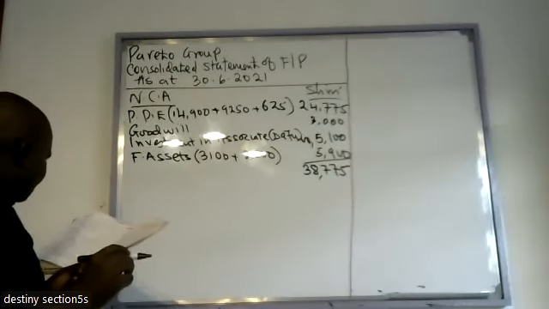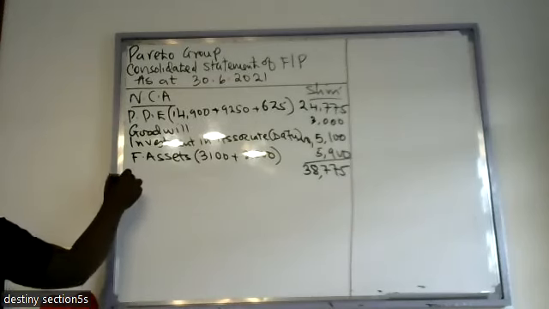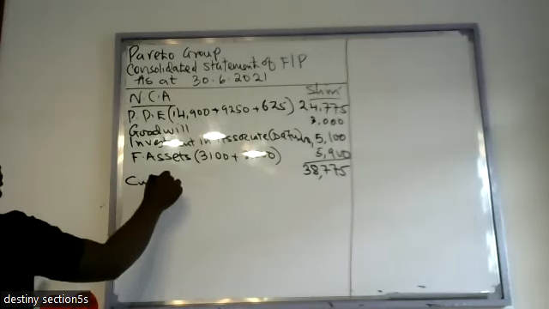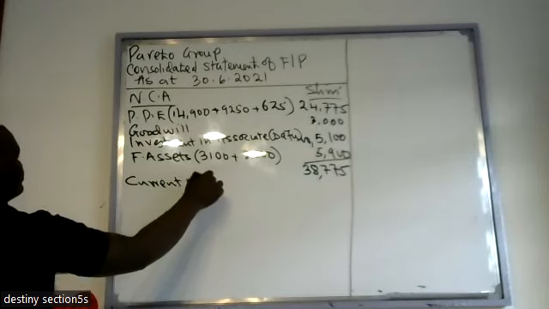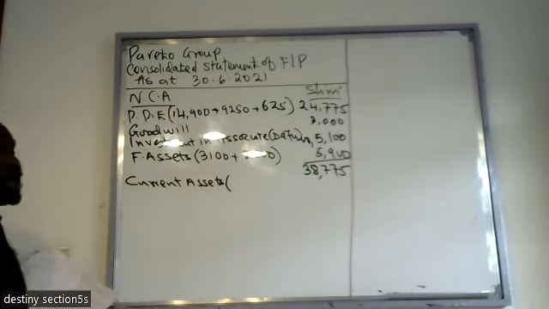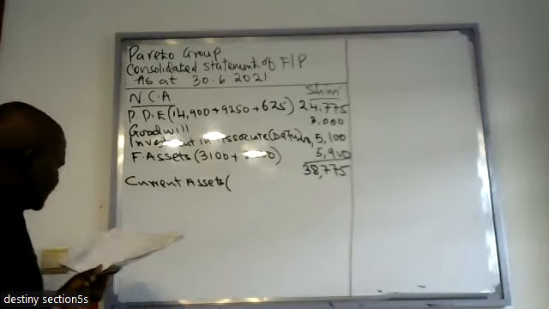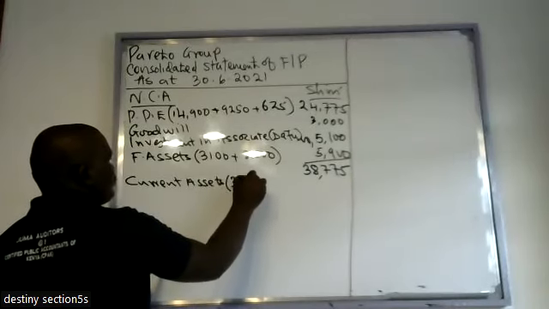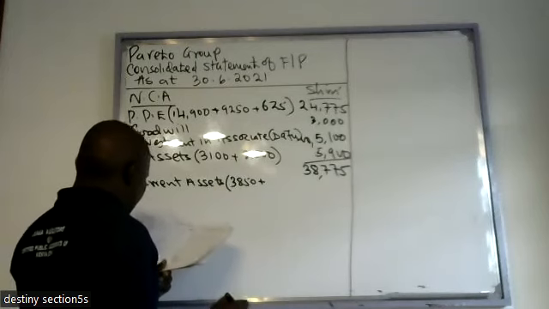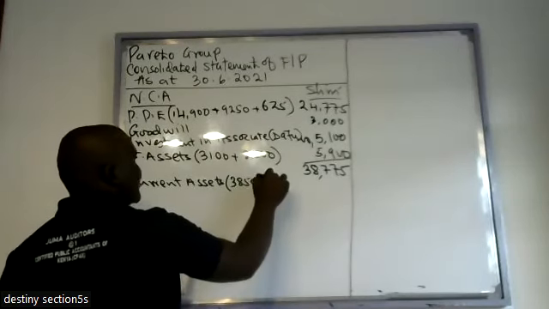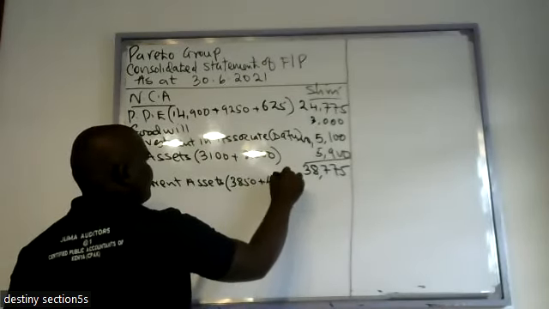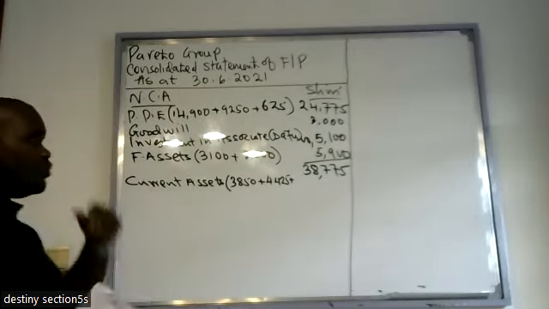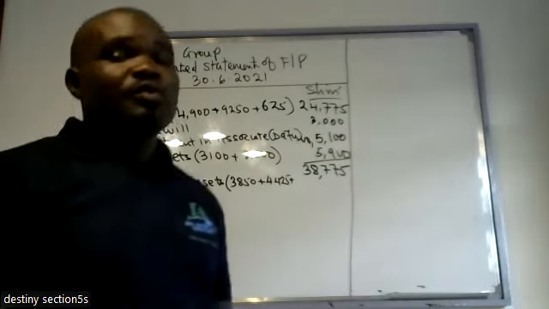Then next, current assets. So current assets will be 3,850 plus 4,425 plus, pick up first, I'll tell you what to do.